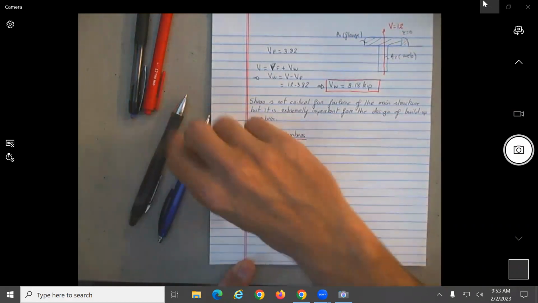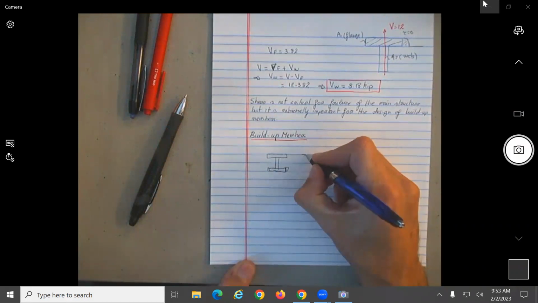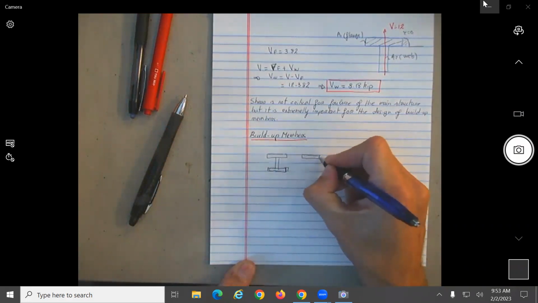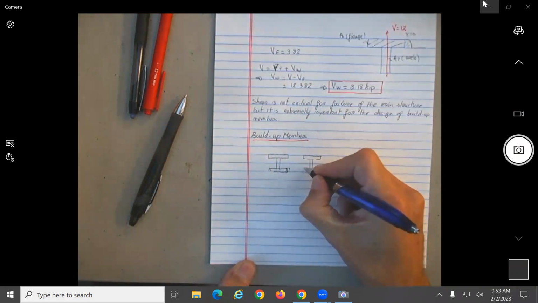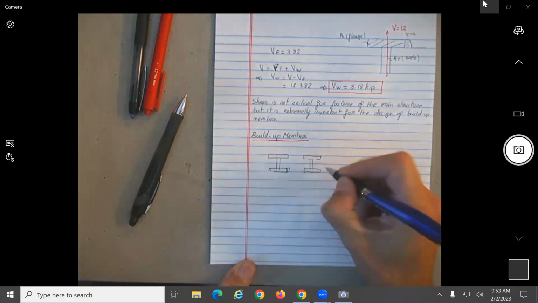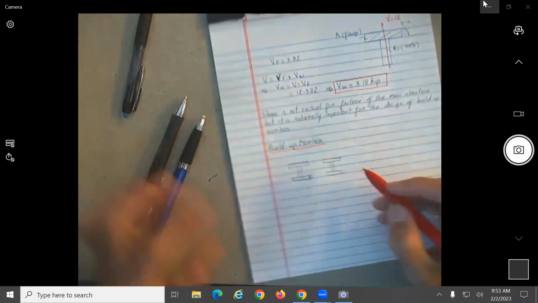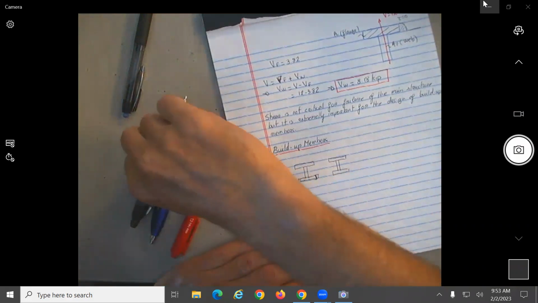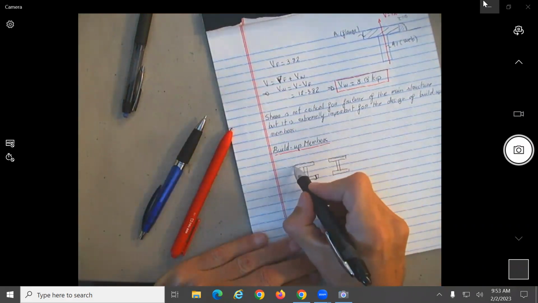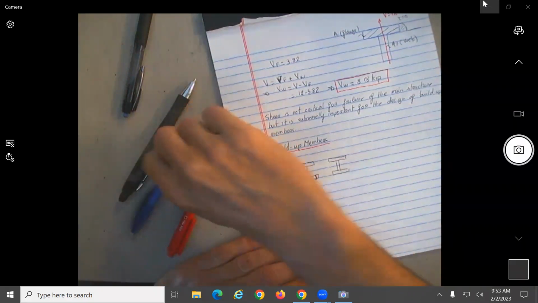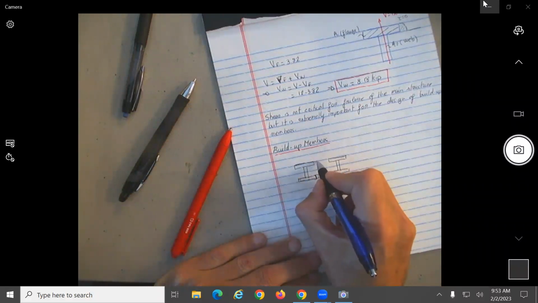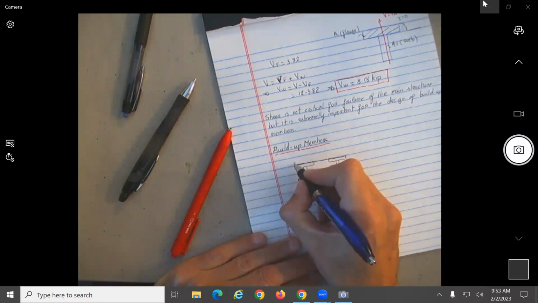a truck. Okay. We put another I-beam there. So let's say now you want to put the same one on top of it. Oh, I put the same color. Okay. Let's say you want to put a plate.